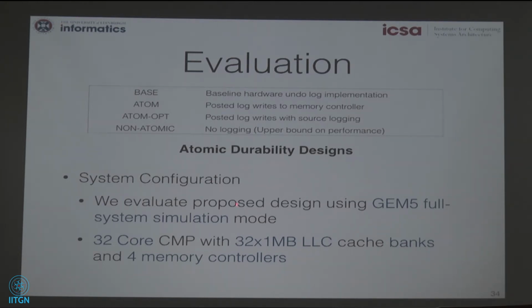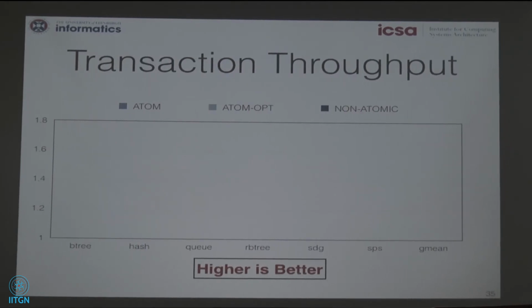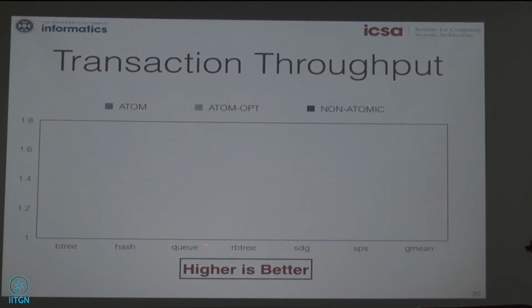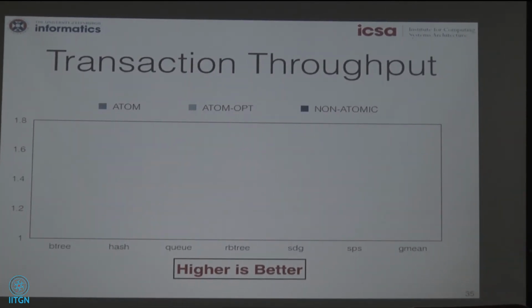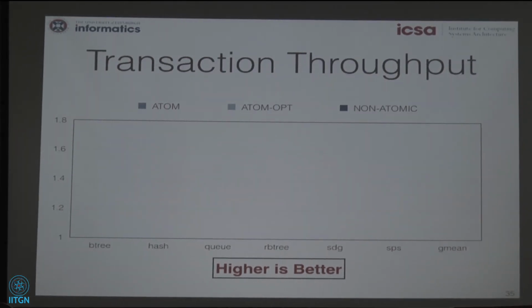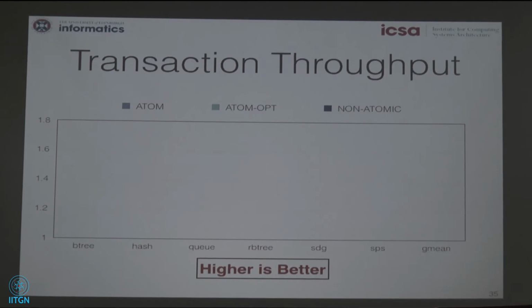Again, we evaluate a similar design, which is a 32 core CMP with 32 LLC cache banks and 4 memory controllers. We see the same set of benchmarks, and we are going to see normalized throughput, where the throughput in this case is normalized to the baseline design, which has these writes to NVM in the critical path of completing a store request.